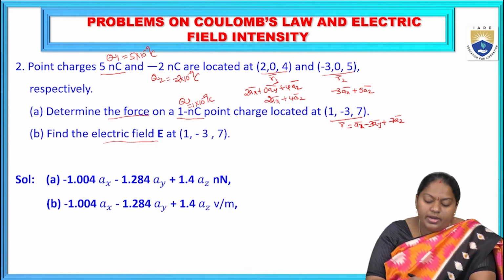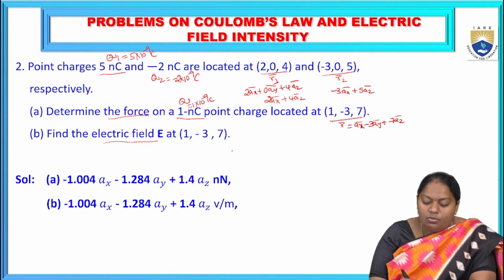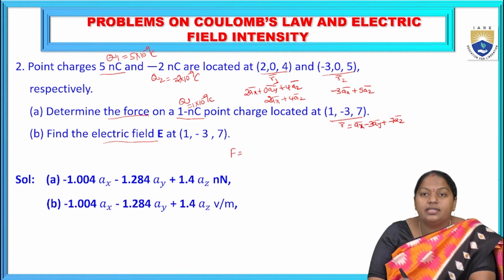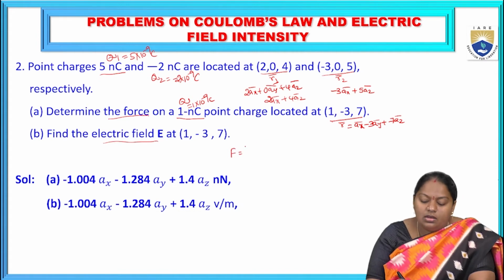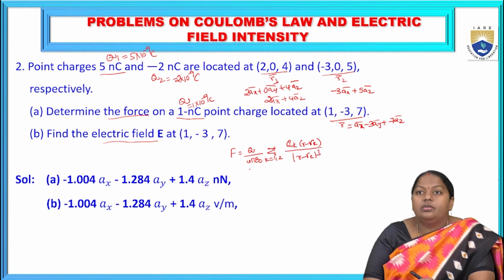To find this, as we know, the formula for the electric force from Coulomb's law is given by Q by 4 pi epsilon naught, summation of k equal to 1 to 2, Qk into (R minus Rk) by modulus of (R minus Rk) whole cube.